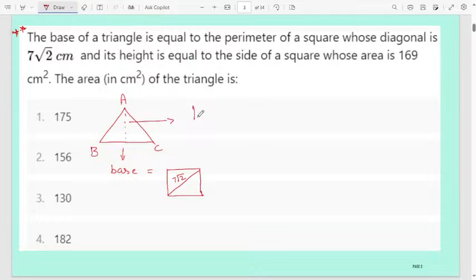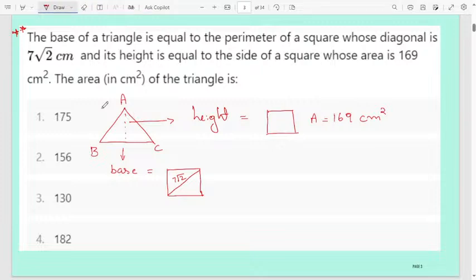Then the height of the triangle is equal to the side of another square whose area is 169 centimeter square. If they give the value of base and height directly, then you can find the area of the triangle directly using half into base into height.